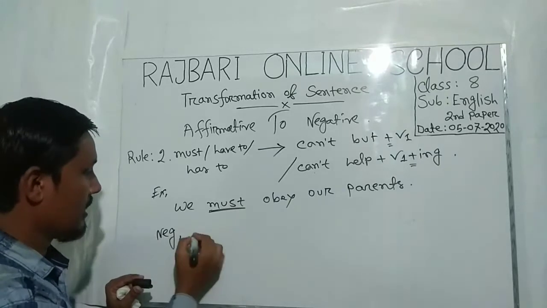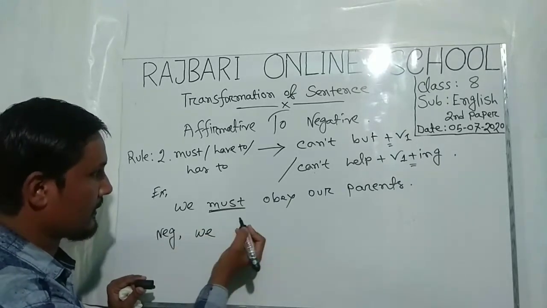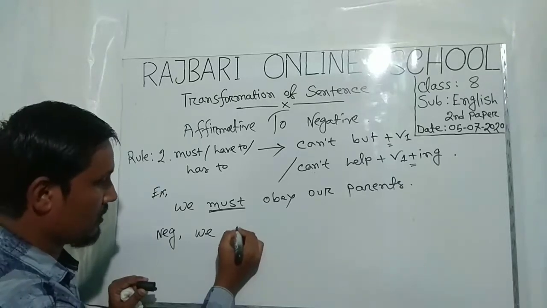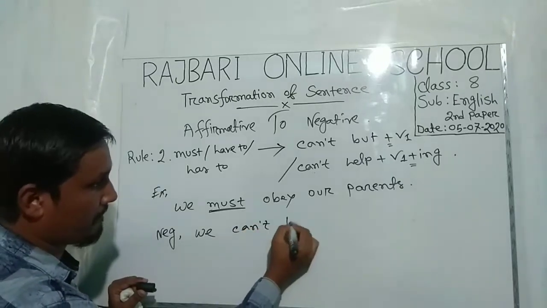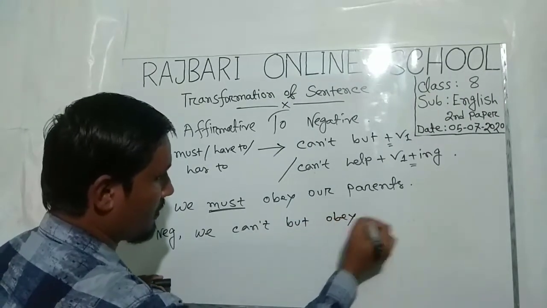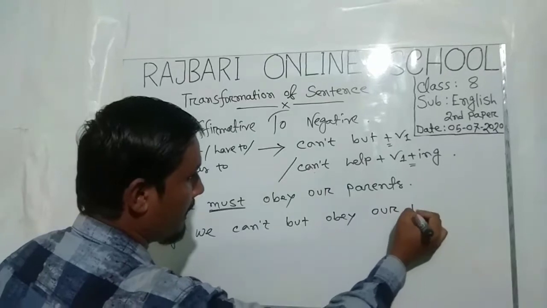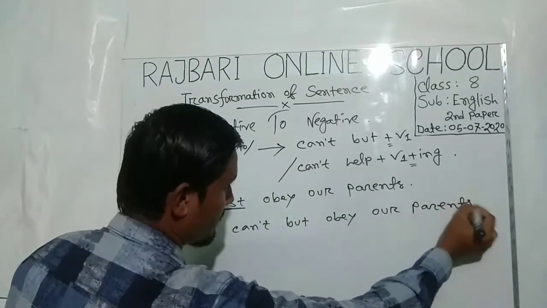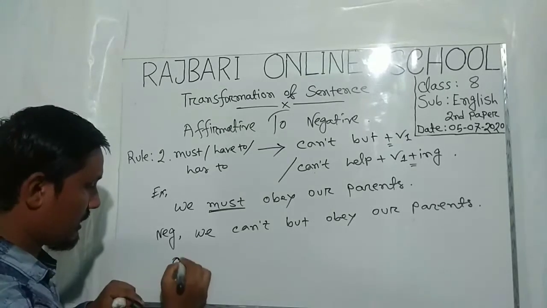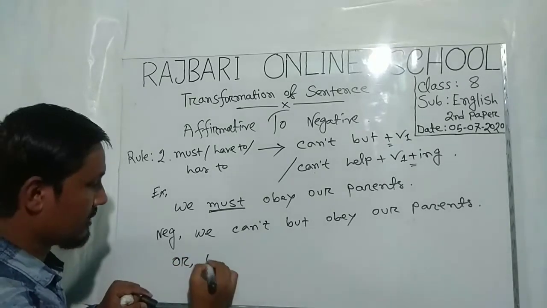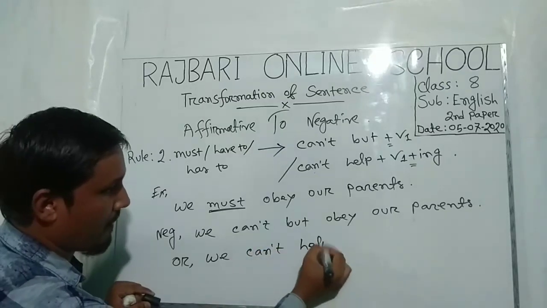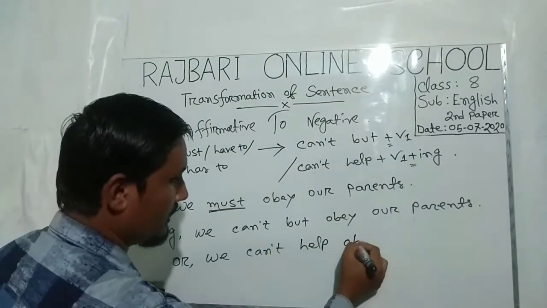Okay, we must. In place of must you have to use can't but obey our parents. If you don't want to use this rule, you can use the second one, that is, we can't help obeying.